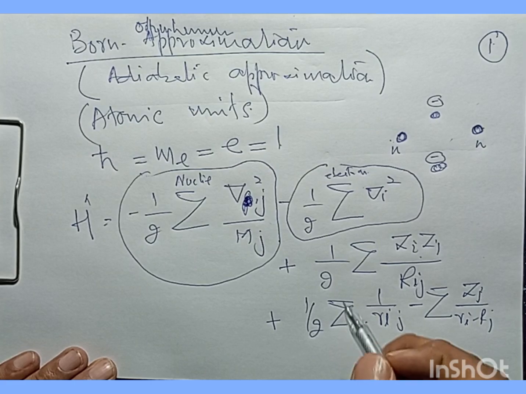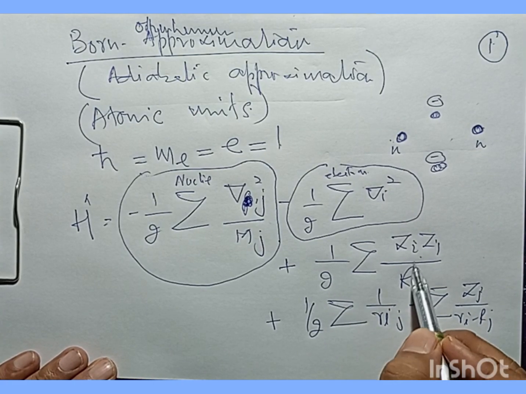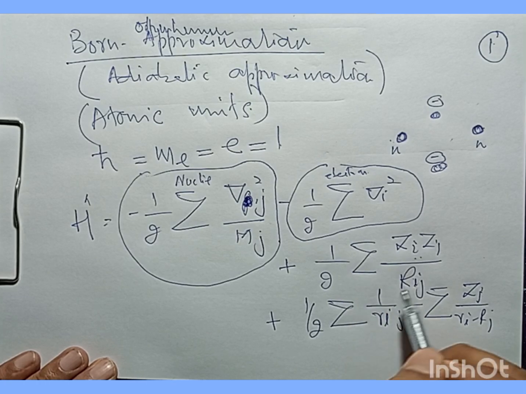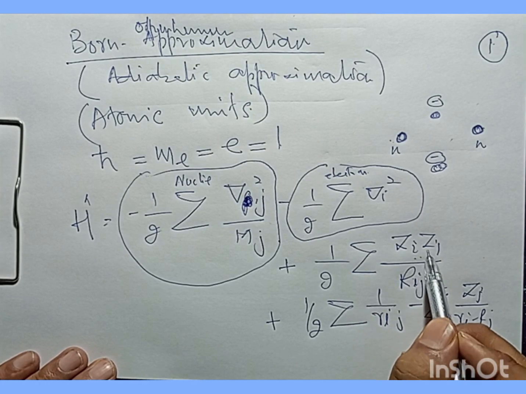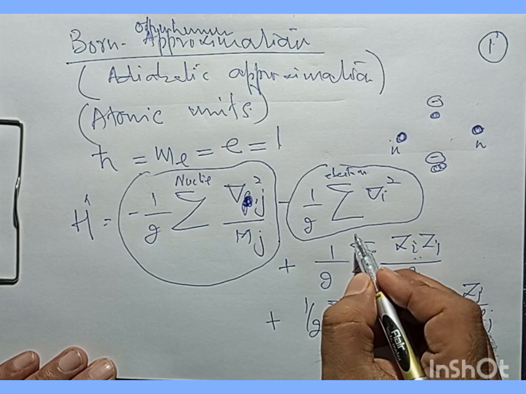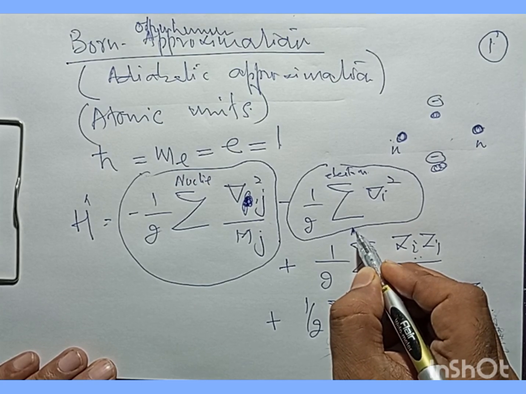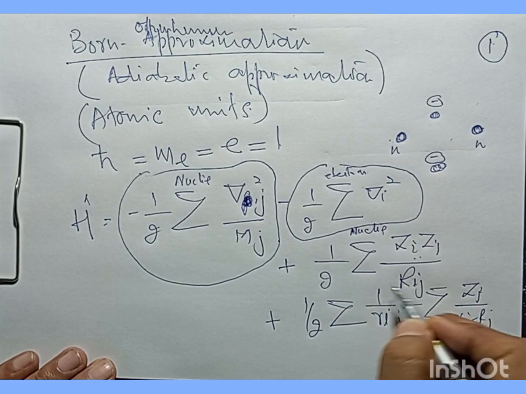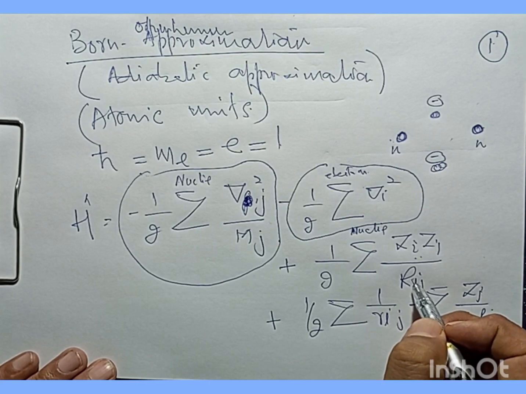And then again, we have nuclear repulsion. The overall term is positive, and this term is the nuclear repulsion, representing the nuclei of this molecule.